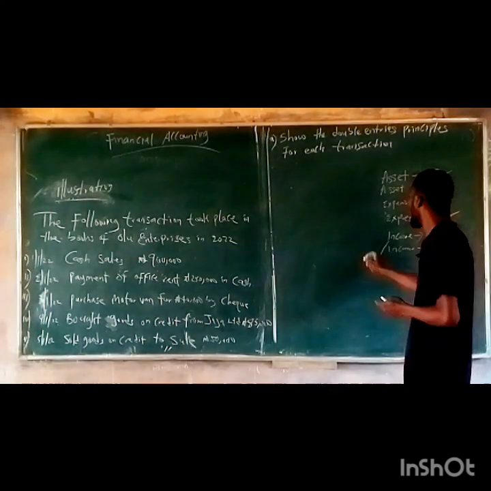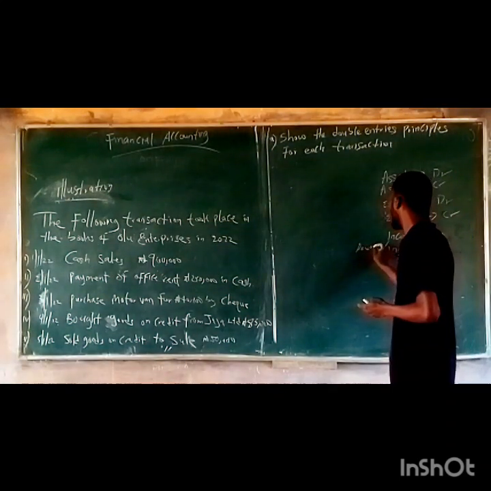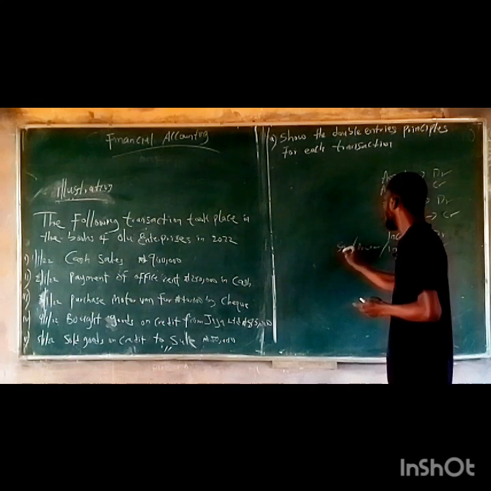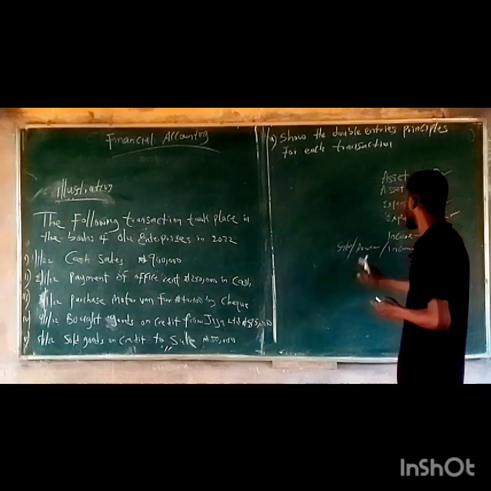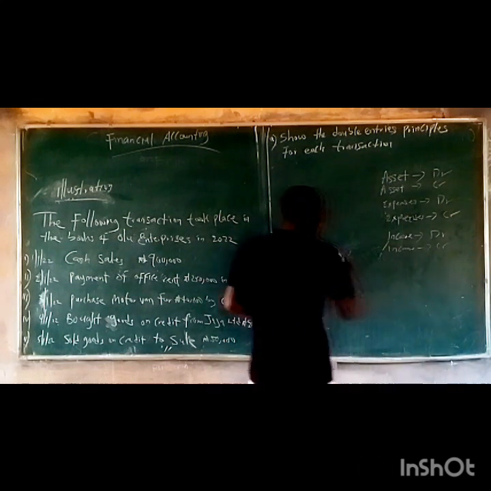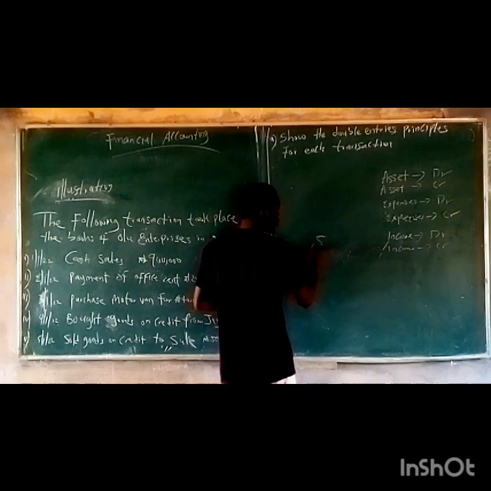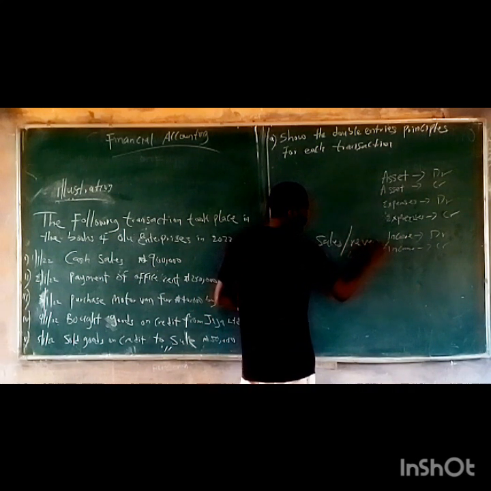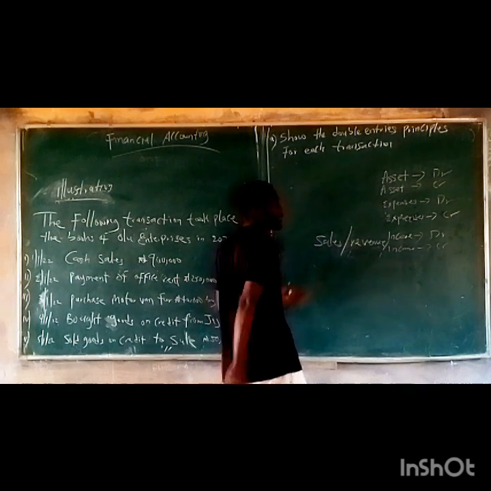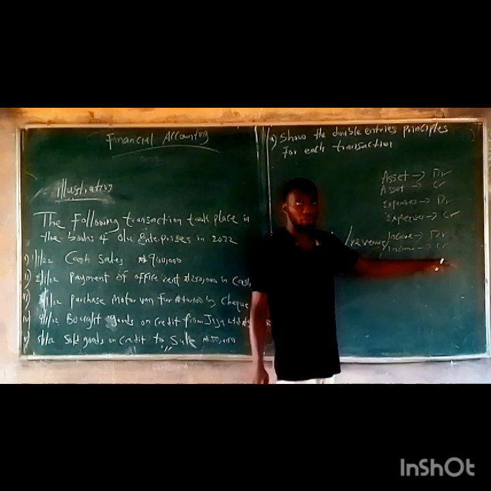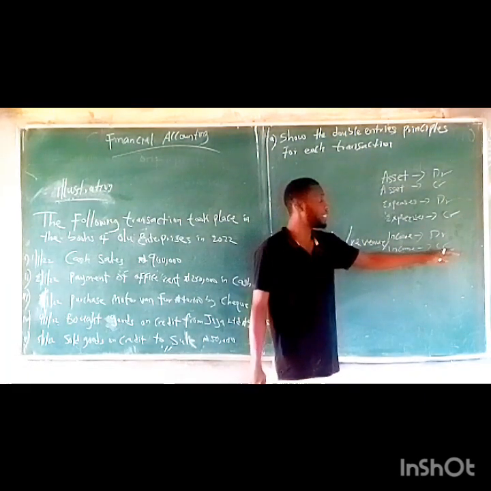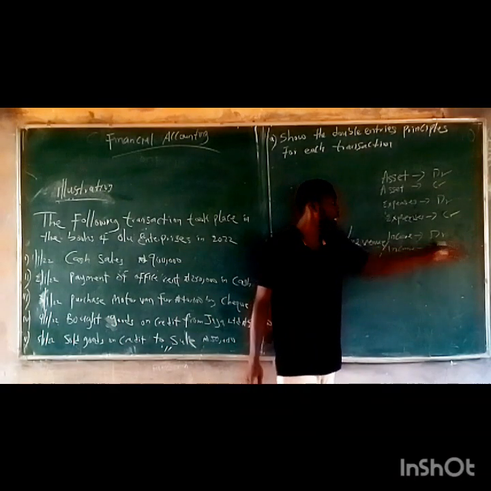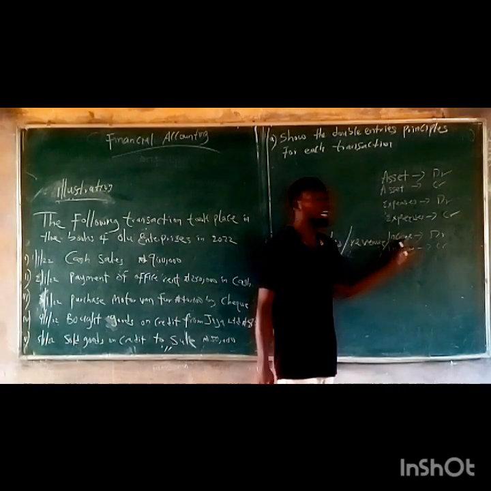When I say income, I'm also referring to revenue, or sales. So when it has a credit balance, that is an increase in income. But if it's at the debit side, there is a decrease in income.